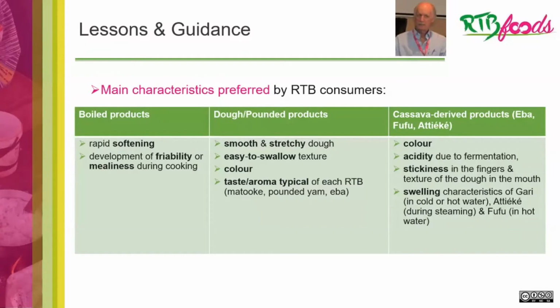For cassava-derived products, color, acidity due to fermentation, stickiness in the fingers, and texture of the dough in the mouth are key sensory traits. Additionally, the swelling characteristics of gari in hot or cold water, attieke during steaming, and fufu in hot water contribute to consumer preferences.